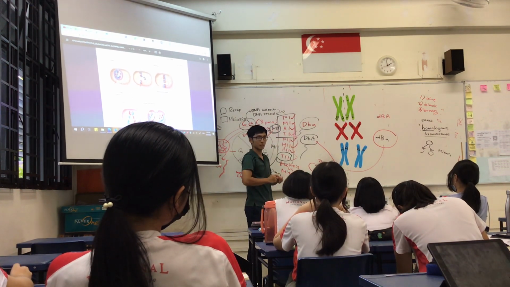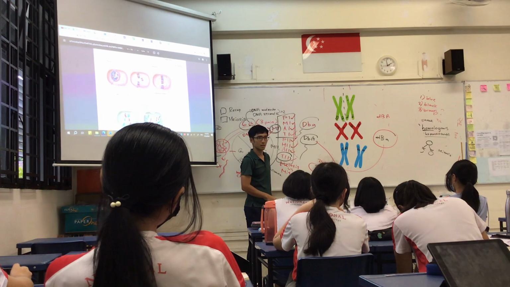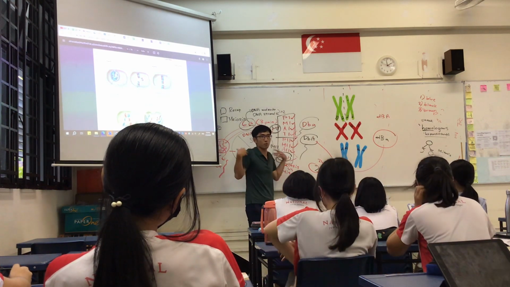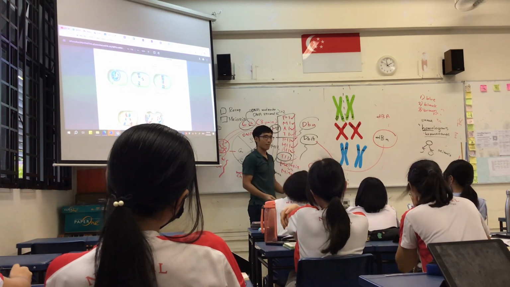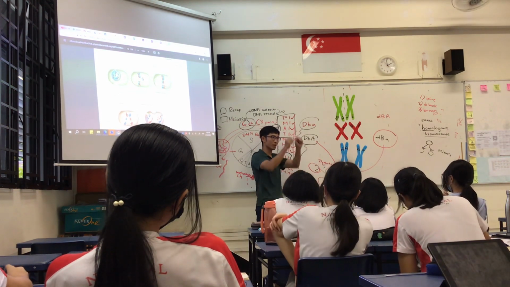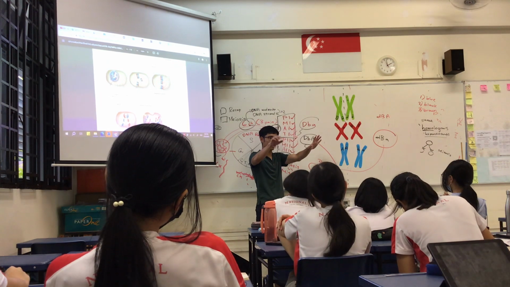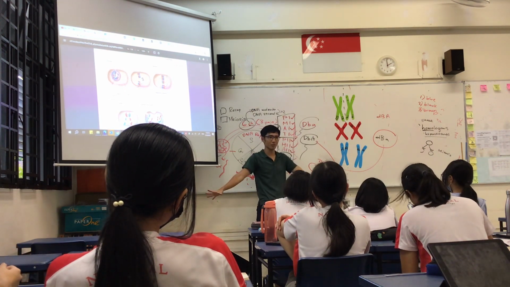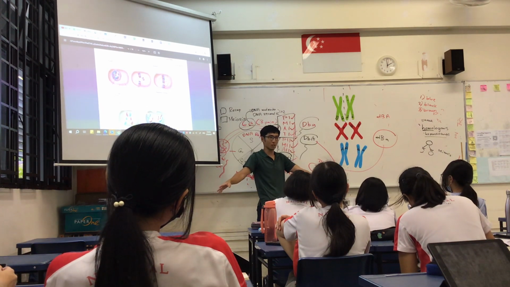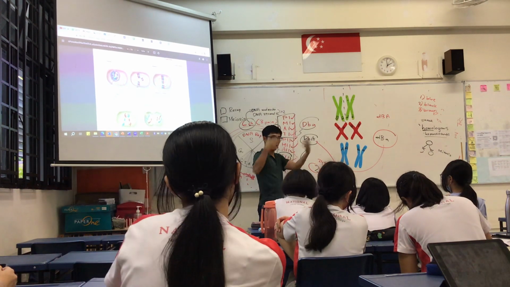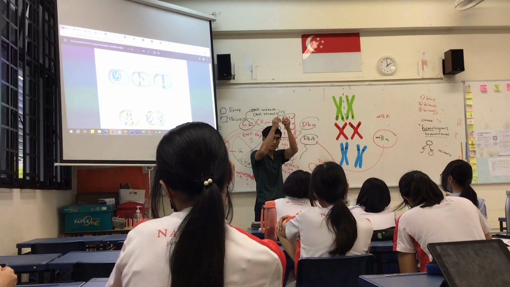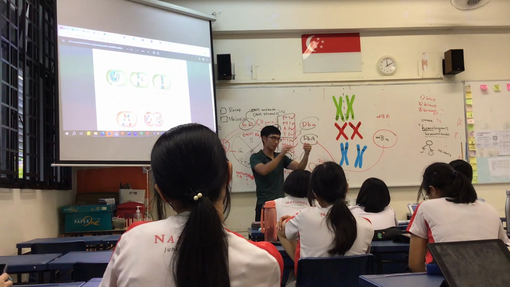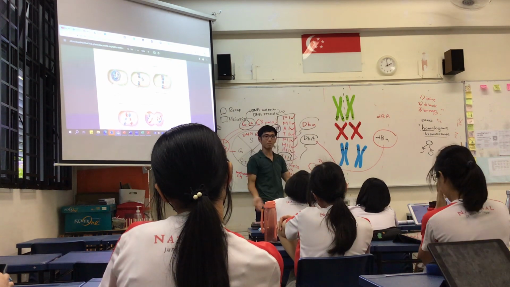Every zygote does go through mitosis to form a baby. But some zygotes, after they go through the first mitosis, each one of the resultant cells goes on to form a baby of its own. That's when you could get identical twins. But for you and I, that single cell divided into two, those two become part of your body, and then it goes on to divide until you become one single baby.